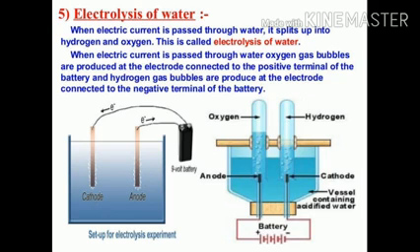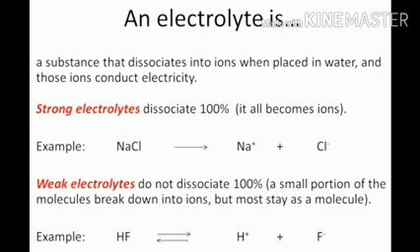When electric current is passed through water, oxygen is produced as bubbles at the electrode connected to the positive terminal of the battery, whereas hydrogen gas is produced at the negative terminal. Not only water, but certain other aqueous solutions can conduct electricity.